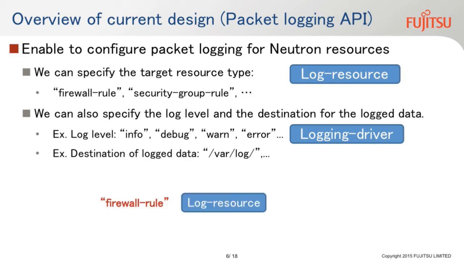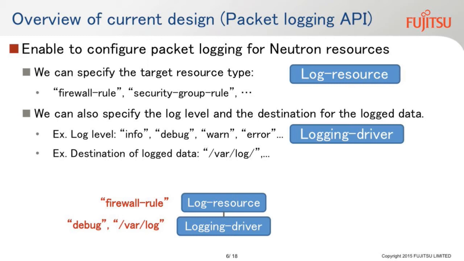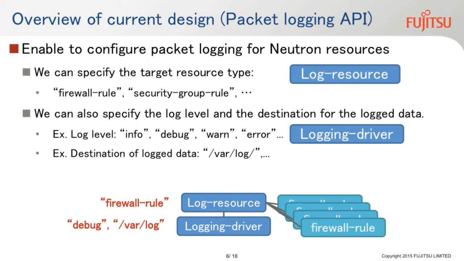We can also specify the log level and destination at the logging driver. After we set up the log resource and log driver, we just insert any kind of firewall rule into the configuration for any rule if we want to get the data for further processing at the target for logging in each tenant.